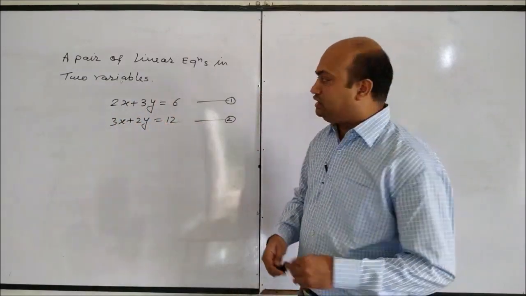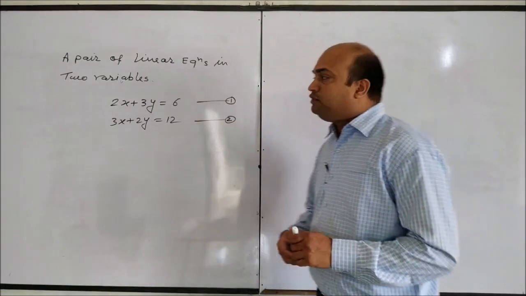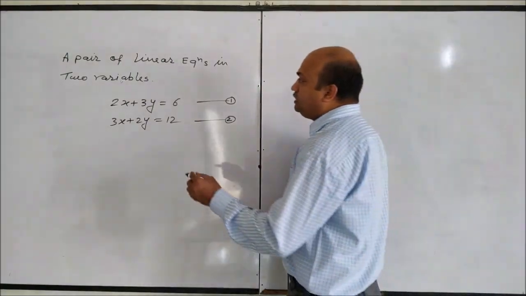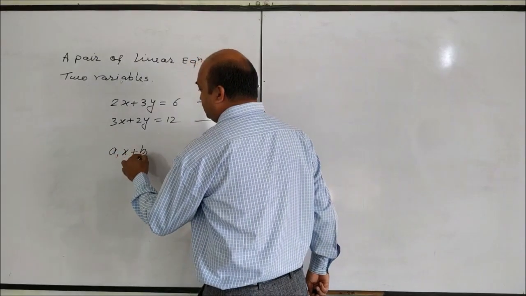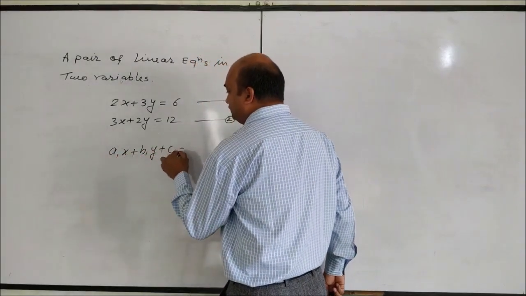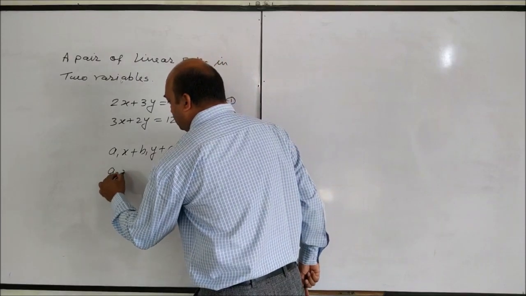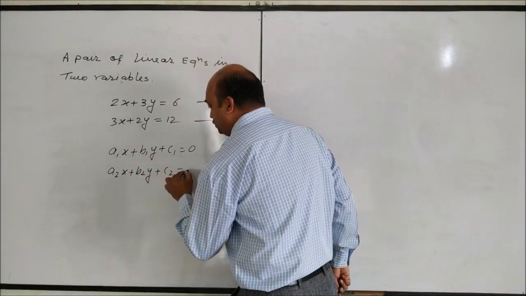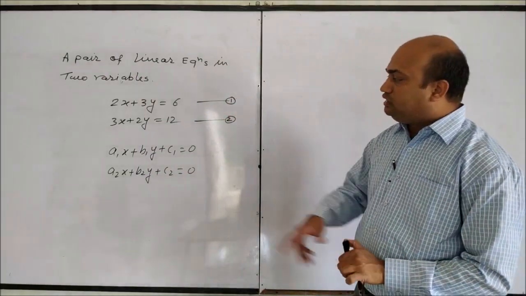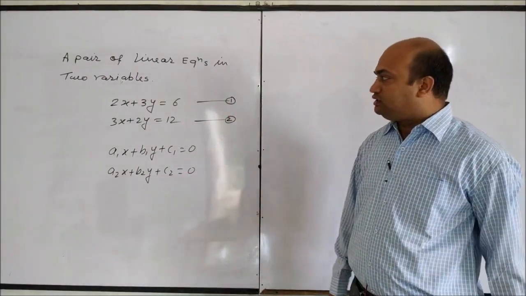You see, the general form of a linear equation is a1x plus b1y plus c1 equal to 0 and a2x plus b2y plus c2 equal to 0. These are the general linear equations.